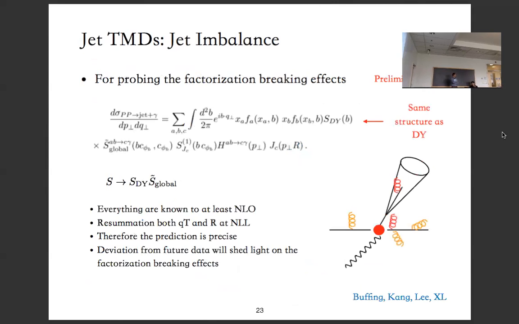I can accept this when the radius of the jet is small. Suppose you have a very big radius, then I think this situation can change. You cannot really separate the radiation inside the jet and the jet. Things get much more difficult.